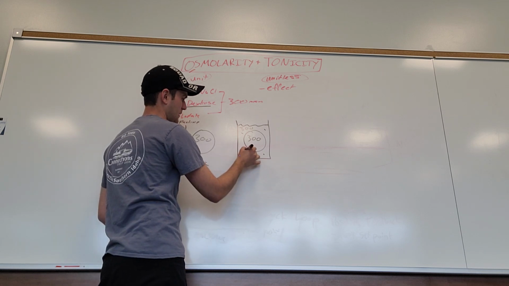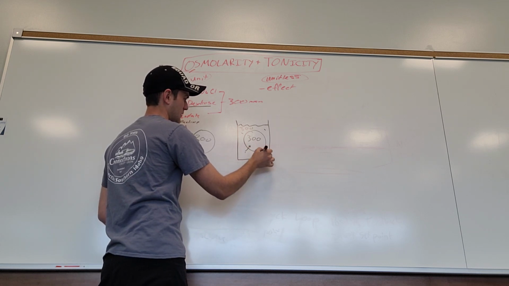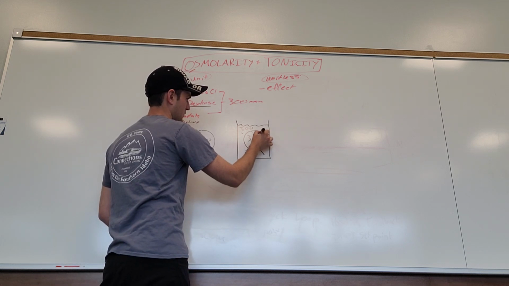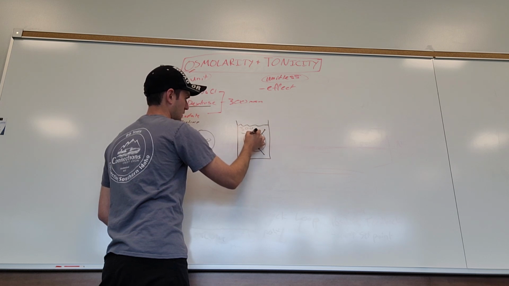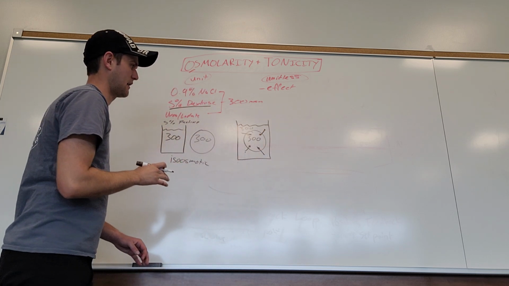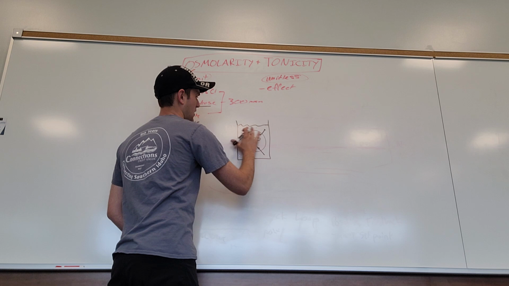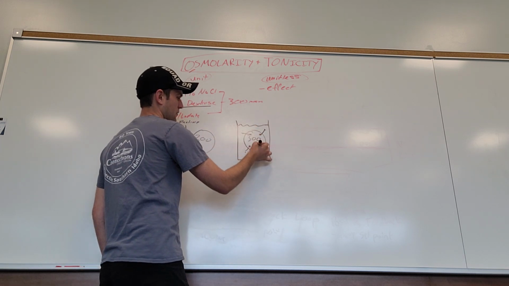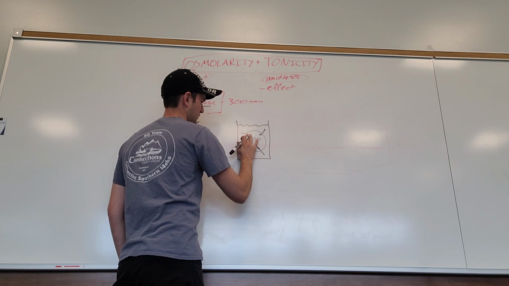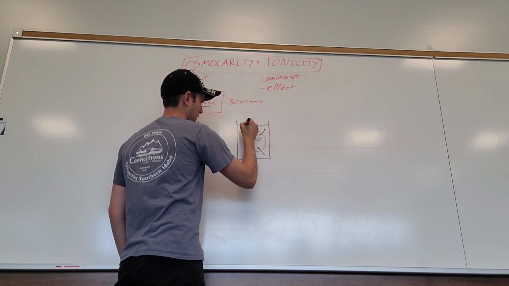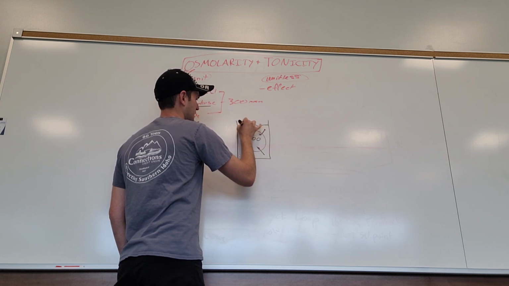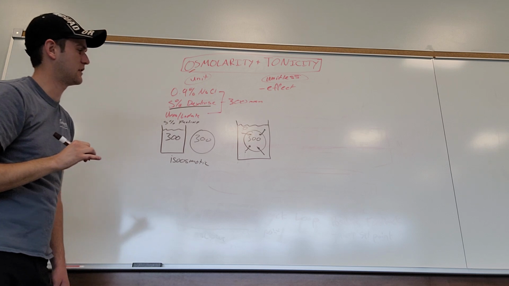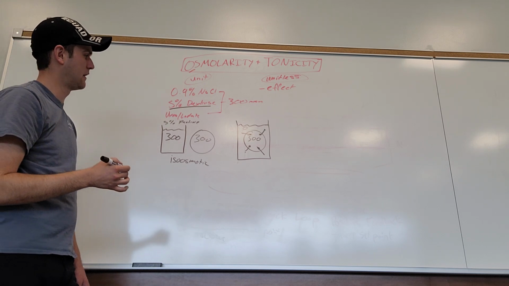So all this water is going to move through our cell, okay? So now all of our dextrose particles, because they're penetrating, are going to move through that, okay? So I guess our solution went from 300 to 0. There's nothing else in the solution. No glucose in our solution anymore.